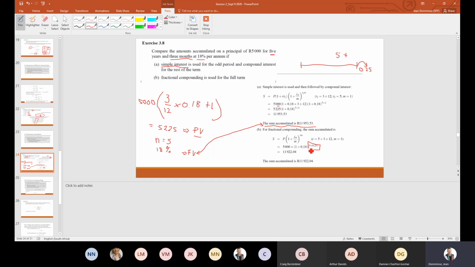And then you will get the 11,922. And what is also very important is that it is very similar to the combination of simple interest and compound interest. It is not that there's a R1,000 difference or anything like that. Very similar, it is sitting at 11,922.